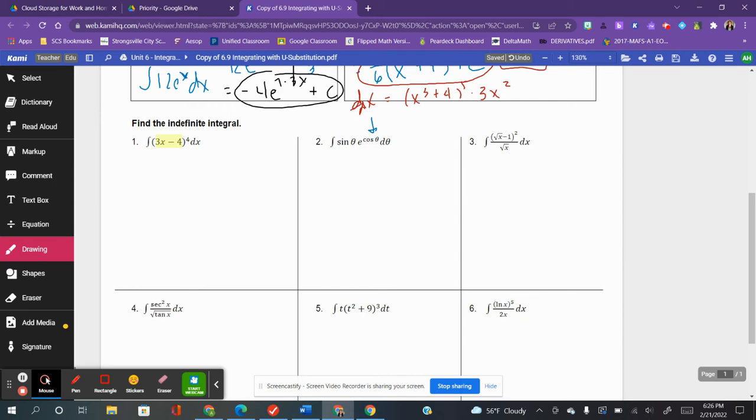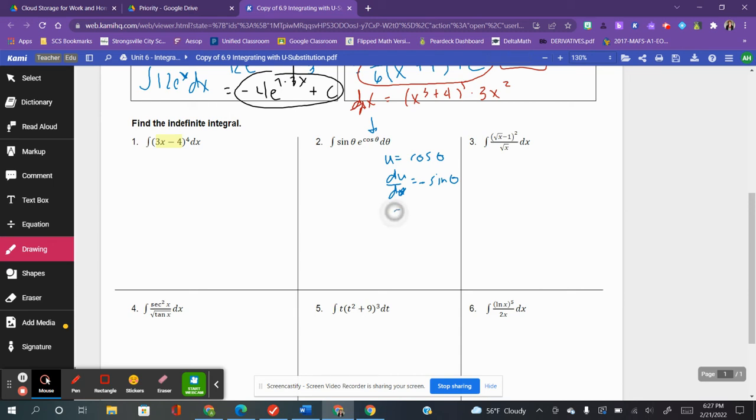Okay. And so my inside function, my u function, is the cosine function. And I'm going to take the derivative of that inside function. So du d theta. The derivative of cosine is negative sine. And then I'm going to get the d theta by itself.